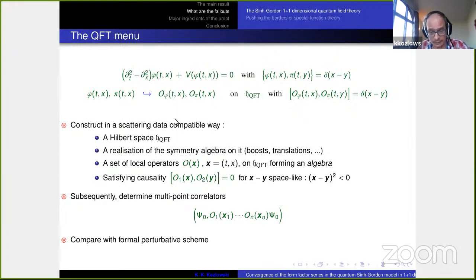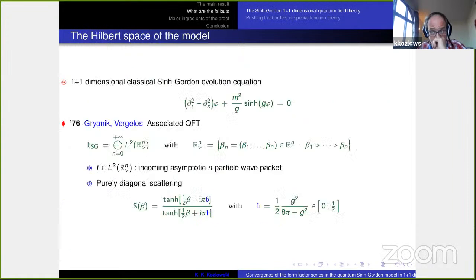And if you manage to carry out such a program, then what you really want is to be able to compare this construction with what you would get in experiments, so get the multi-point correlation functions. This is the program which I will now discuss for the Sinh-Gordon model, and at the end of the program there will be the connection to the first result I showed.